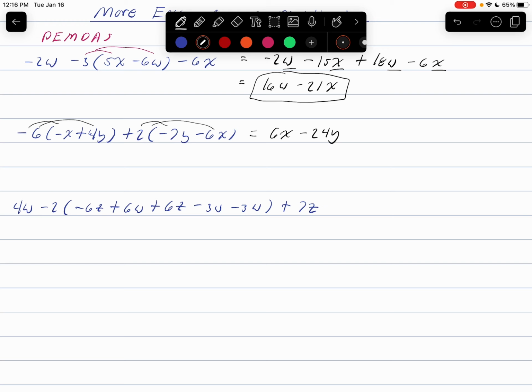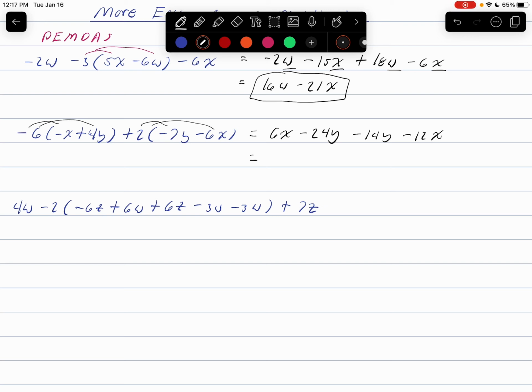Again, that's because negative 6 times 4 is negative 24. Now we go over here and we have the positive 2 going to the negative 7y. That's going to give us minus 14y. And then we have the 2 going to the negative 6x as well. So that's going to give us minus 12x.